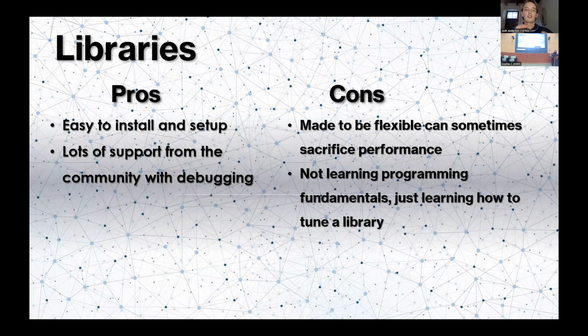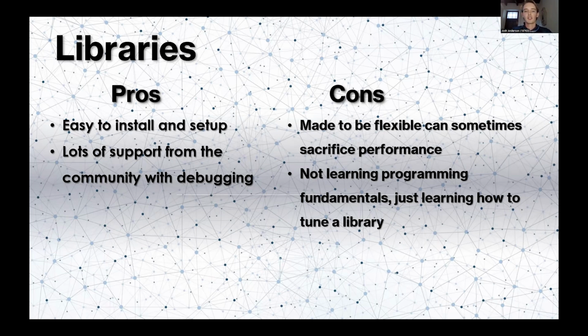And that's why I think the biggest thing right here, and the con I'm going to talk about here, is that I think the biggest thing about custom pathing that's a pro, and why I would suggest people do it, is because of the fundamental skills you learn while doing it. When using a library, you're not actually learning as many programming skills as you would programming a custom pathing method, right?